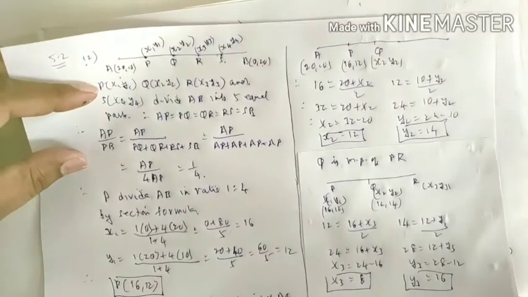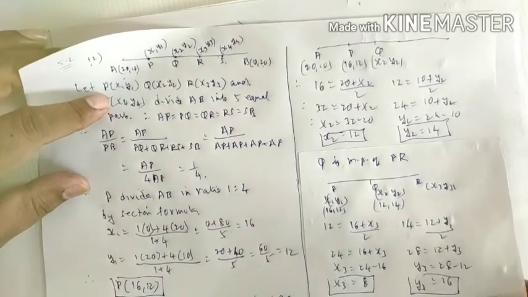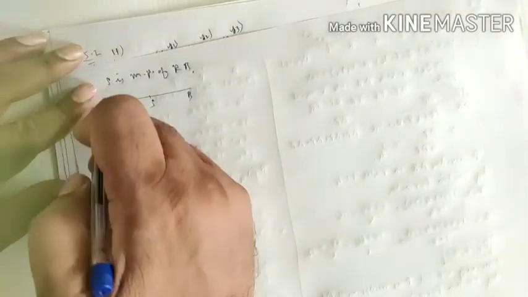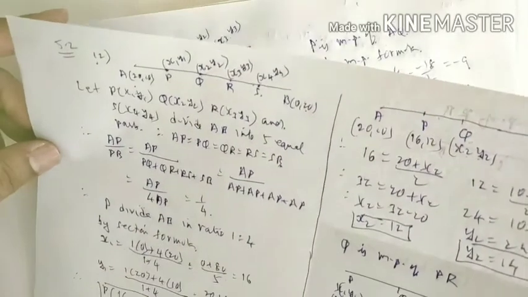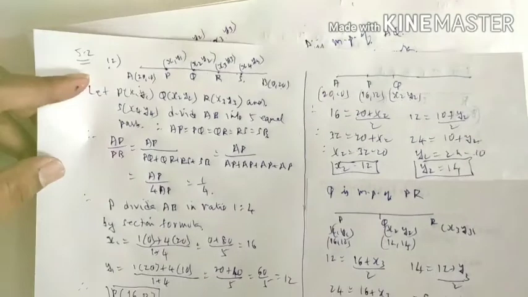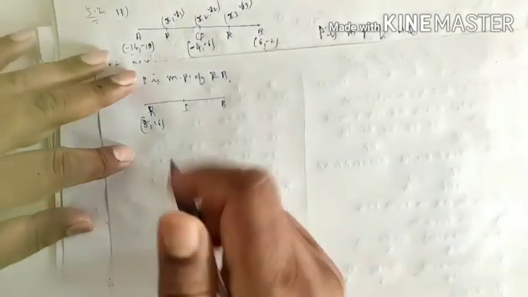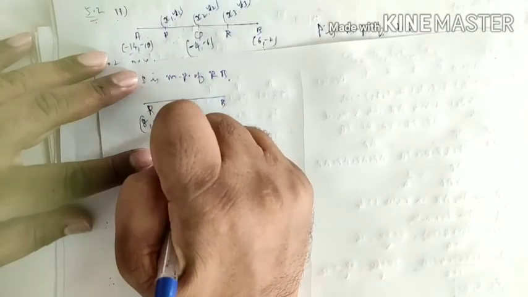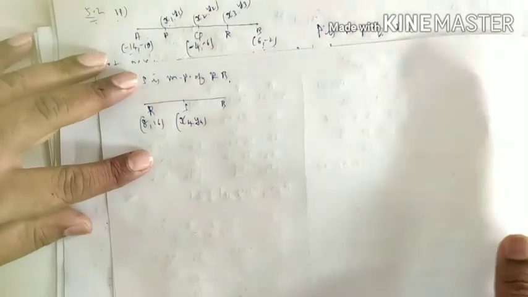See, coordinates of R, how much did we get? x3, y3 we got 8, 16. Coordinate of S is how much? Yes, we have to find x4, y4. And coordinate of B is given as 0, 20.